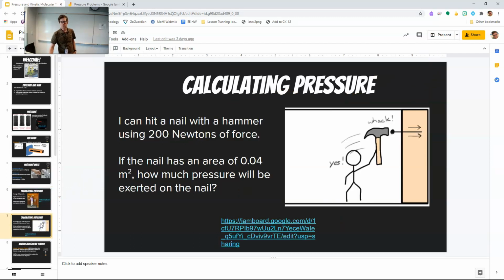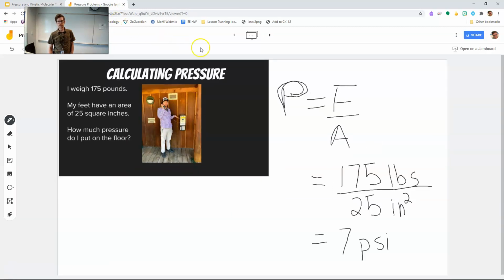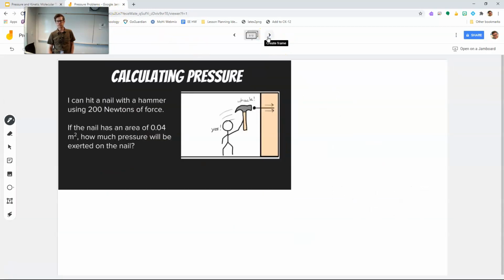Let's try another one instead using our metric system. So let's say that I can hit a nail with a hammer using 200 newtons of force. If the nail has an area of 0.04 square meters, how much pressure will be exerted on the nail? So we'll switch back to another whiteboard space here. So remember again, I always like to write out the formula that we need to use.